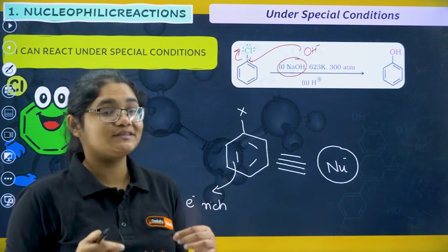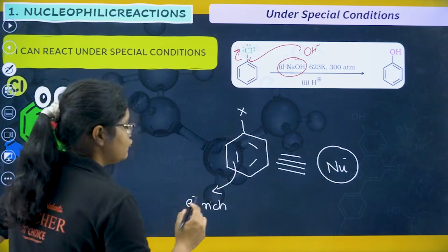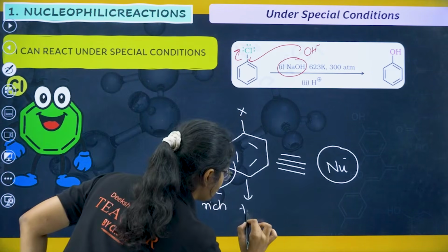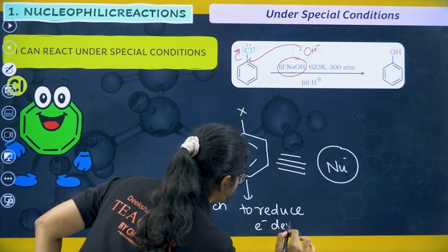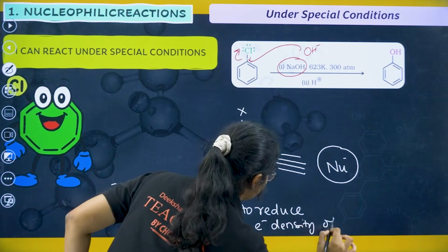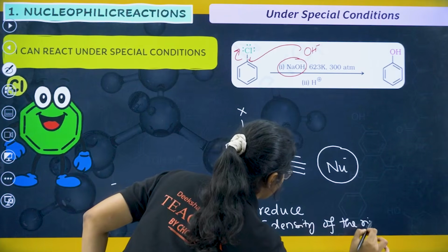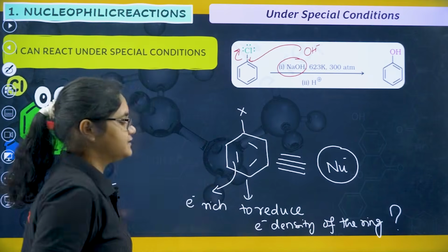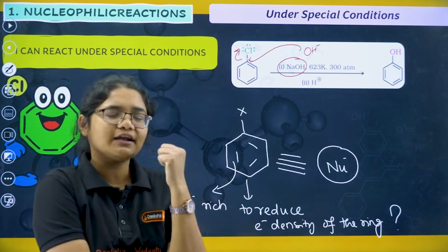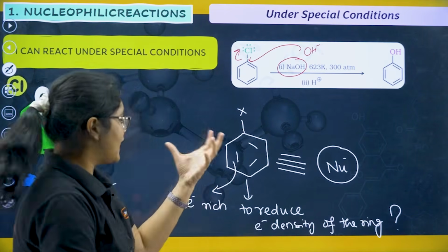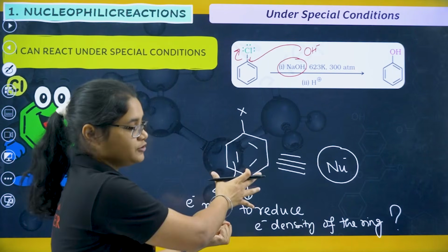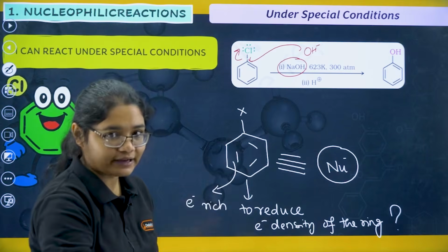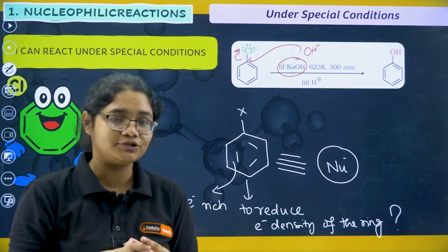So can I do something to reduce the electron density of the ring? Think, can we do that? Is there any way that I can reduce the electron density of this ring? Now this becomes electron deficient. Now nucleophile is electron rich, so they can have a reaction, right?